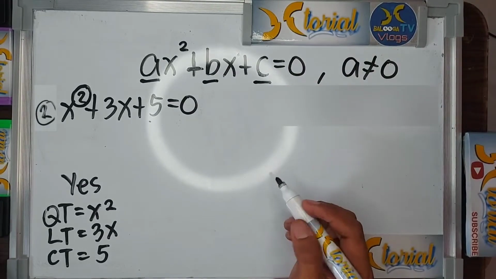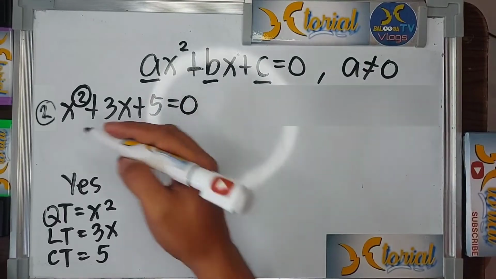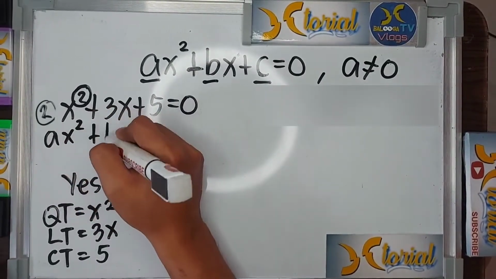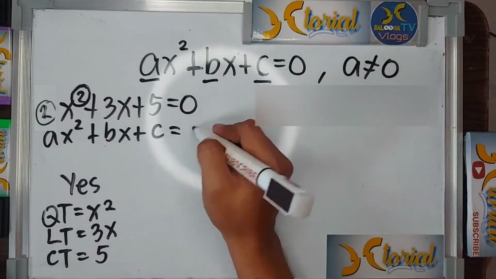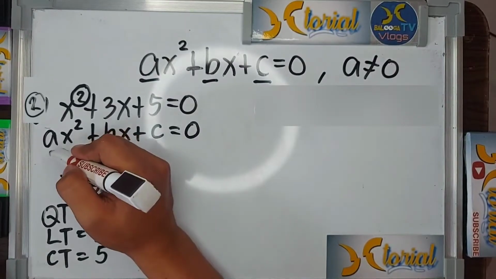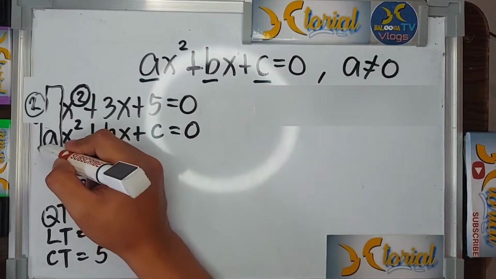Okay. Next. Paano naman pag ang kukunin lang natin ay yung A, B, at saka C? Okay. So, para hindi kayo malito, itapat natin dito sa ating given. So we have ax squared plus bx plus c equals 0. Okay. So yung a natin, wala naman siyang natapat.